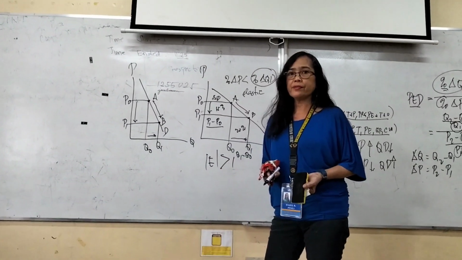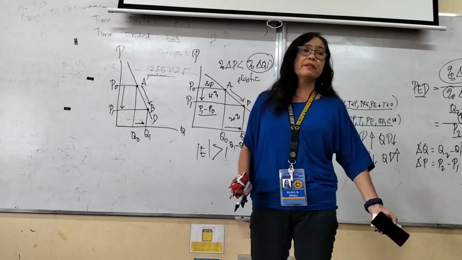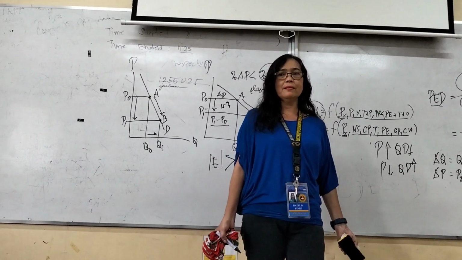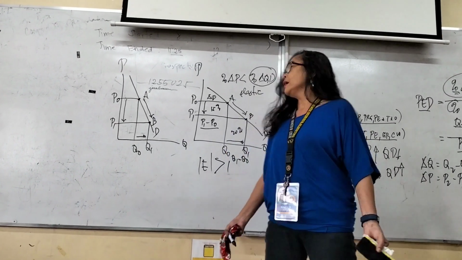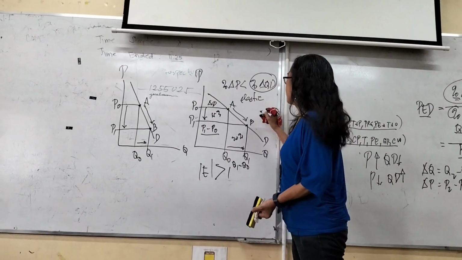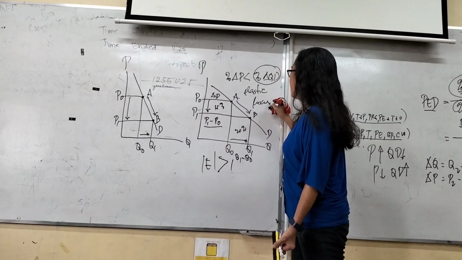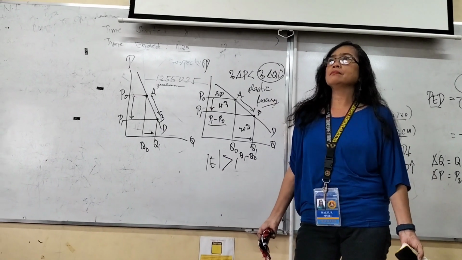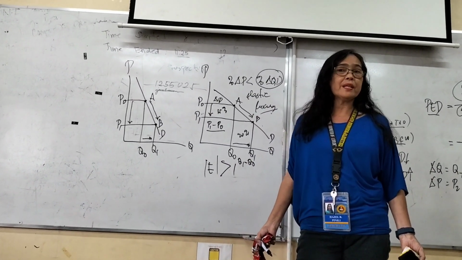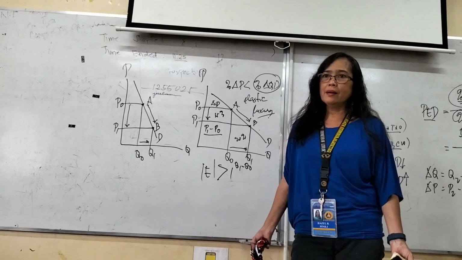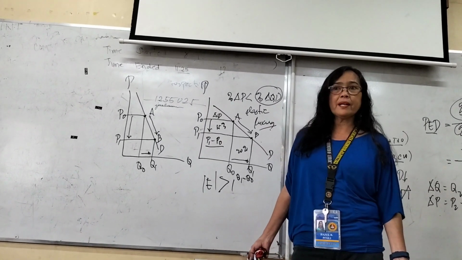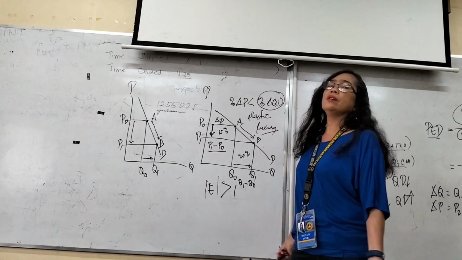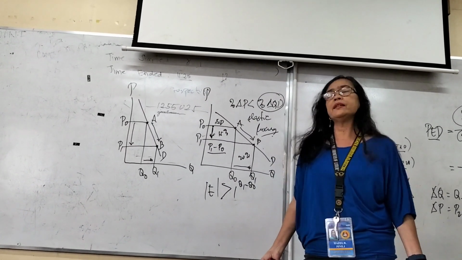But the response of the buyers when there is a greater change in price is less. By the way, in this type of products, these are luxury items. Luxury items wherein when there is an increase in the price of that product, you tend to buy less of the product. But the decrease of price will lead to a greater increase in the quantity demanded.